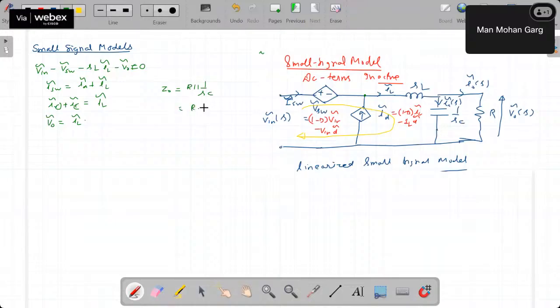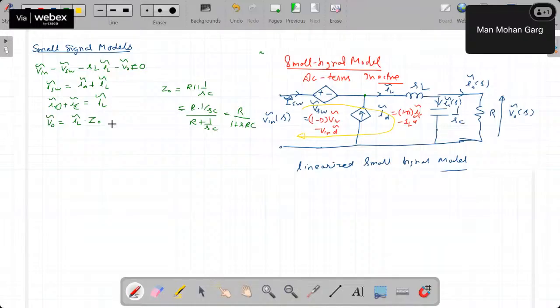So this is R into 1 upon SC, upon R plus 1 upon SC. So it comes out to be R upon 1 plus SRC, right? So that is our Z naught. Okay. And this is the relationship we have, V naught equal to IL into Z naught.